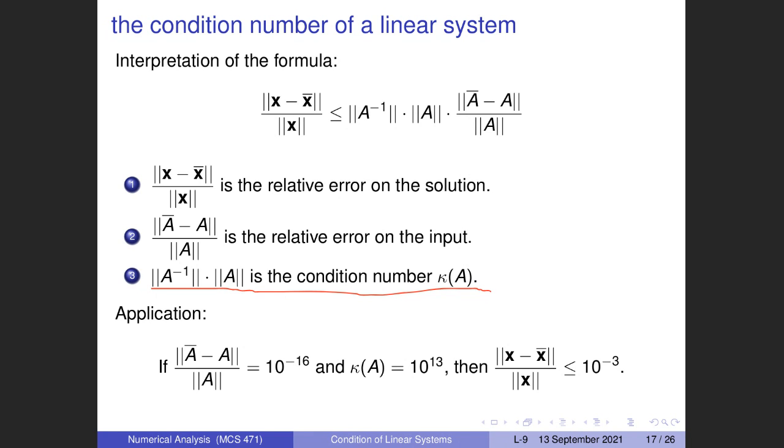We'll get to that later; we will see that we can construct matrices with any condition number we like. Now then, independently of the method that you are using, for this example you cannot expect to be more accurate than 3 decimal places. The calculation is very easy. You add up the minus 16 and the 13 and you get to negative 3. So that is a very simple calculation.